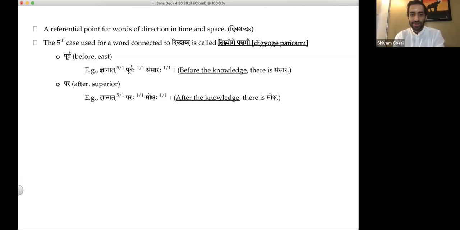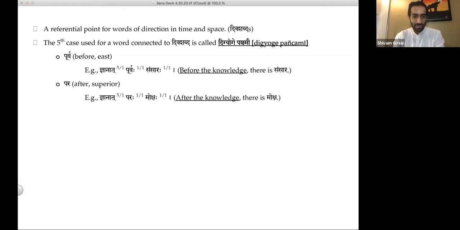There's a bunch of words that are referential words in terms of time and space called dik shabdas. These dik shabdas give us fifth case. So any word connected to the dik shabda gives us the fifth case. These are called dig yoge panchami, the fifth case connected to one of the dik shabdas.